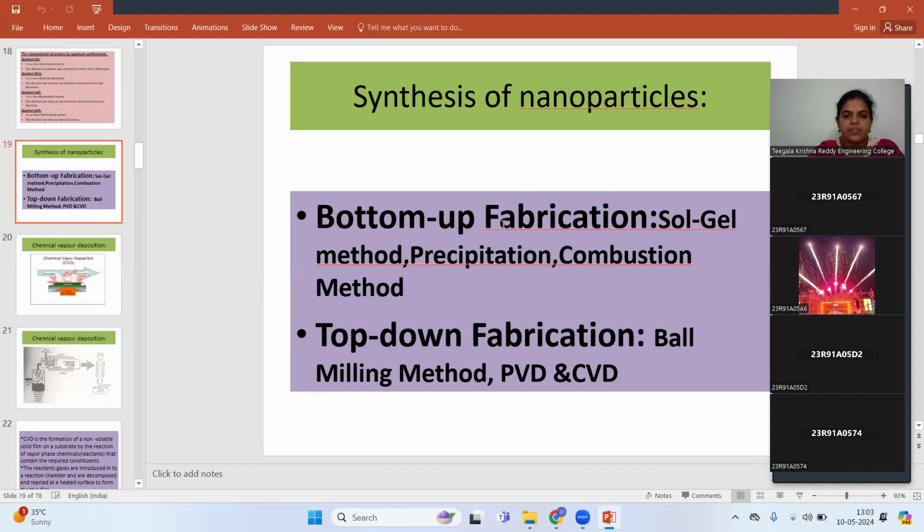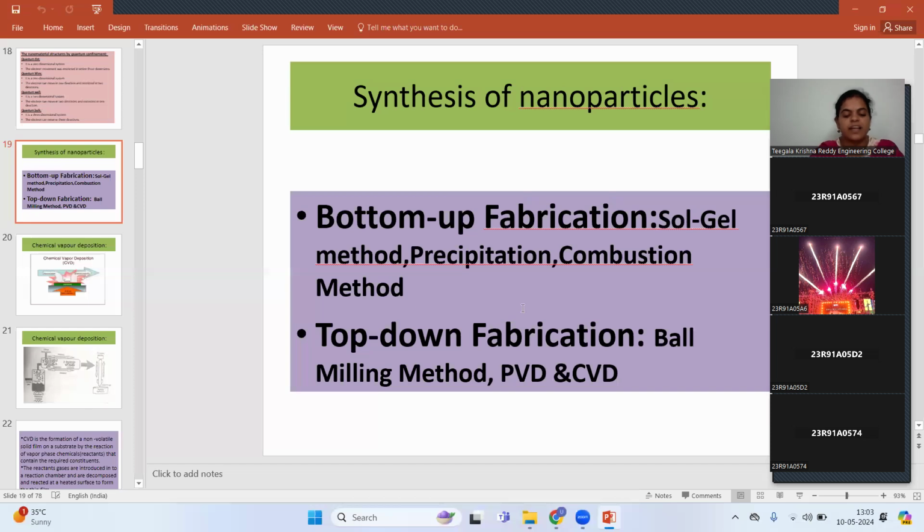Some of the methods to synthesize nanoparticles are the Sol-Gel method, precipitation method and combustion method. These are the bottom-up fabrication methods. And what is the top-down fabrication method?